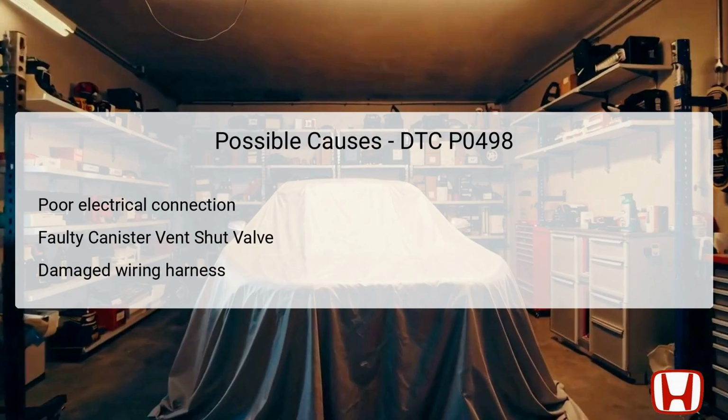Lastly, damaged wiring in the harness can lead to an open circuit which may affect voltage delivery. Each of these issues can manifest in different vehicle behaviors and symptoms. A thorough inspection of both connections and wiring is essential to identify the root of the problem effectively.